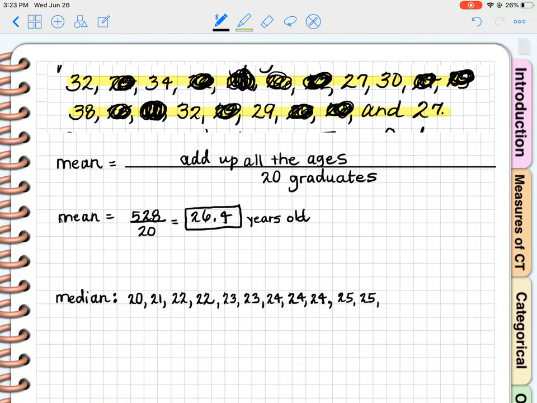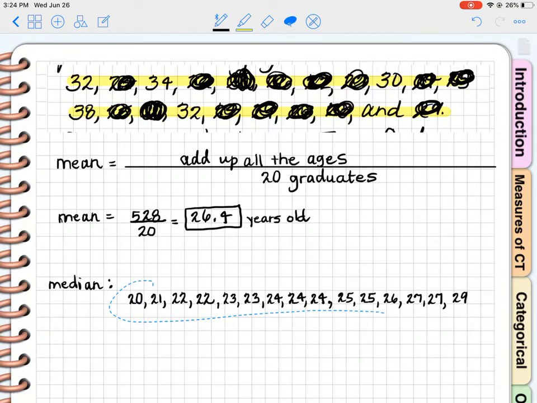26, and then I have two 27-year-olds. I have a 29. And I'll tell you what I'm going to do here. I know this is hard for you because I'm using a computer and I can move things around.